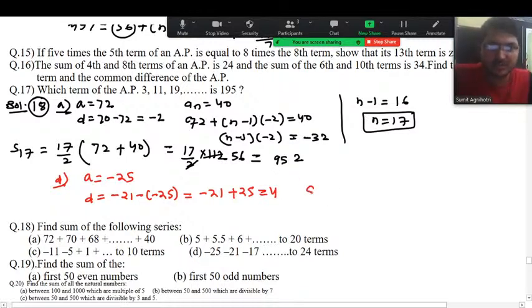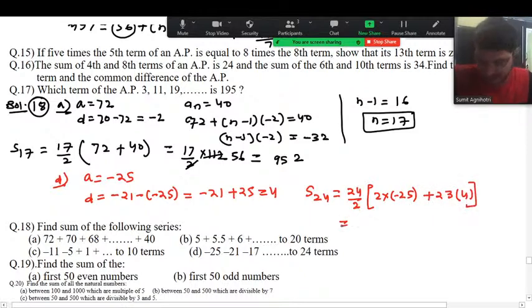If you want the sum up to 24 terms, it's n over 2 times twice a plus n minus 1 multiplied by d, and further it comes out to be 12 times minus 50 plus 92, and further 12 multiplied by 42.